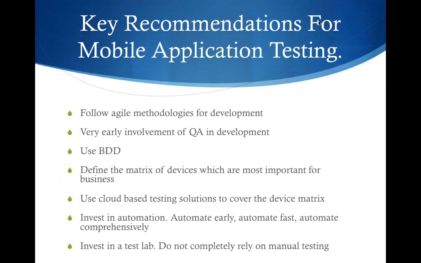So some of the key recommendations, I'll list down in the next 3 slides. These are based on my experience and also on some of the things I've studied in mobile application development. So one is follow agile methodologies for development. In a typical desktop and web application environment, a project might run for a year or 2 years with multiple phases defined.